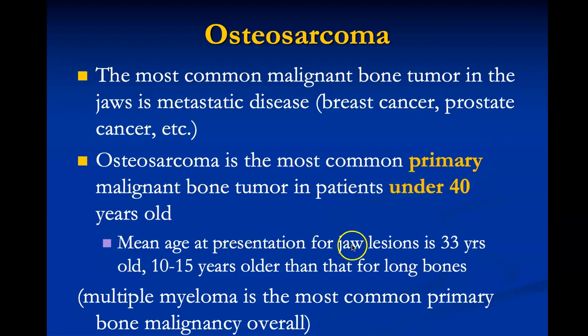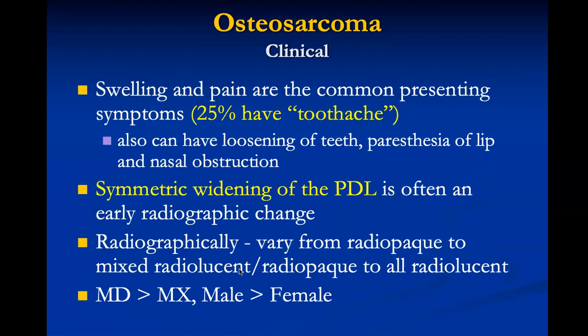The mean age of presentation for the jaws is 33, so very similar to what we were talking about with chondrosarcoma. And this age is about 15 years older than that for the long bones. So patients who are usually diagnosed with osteosarcoma of the long bones tend to be teenage, late teenage into early 20s. So a little bit different than the jaw lesions.